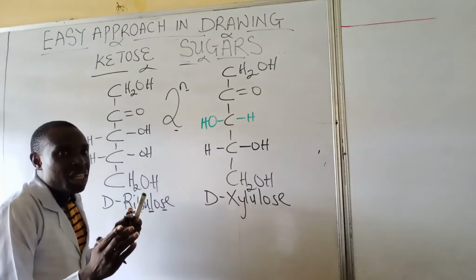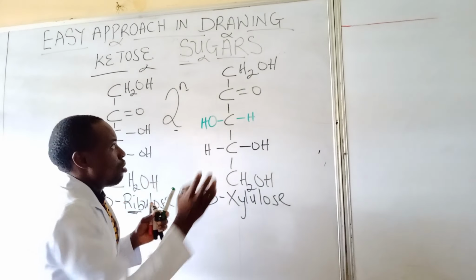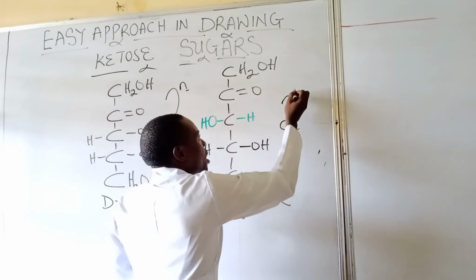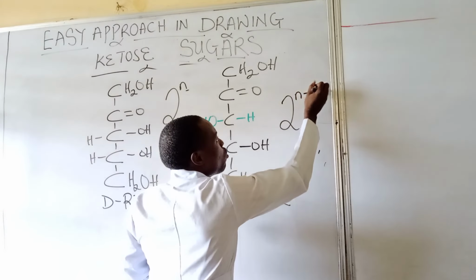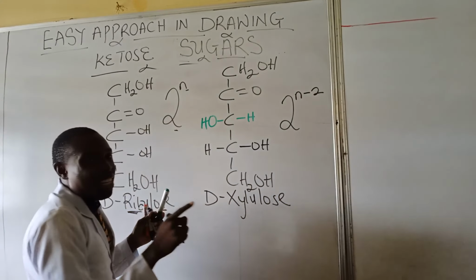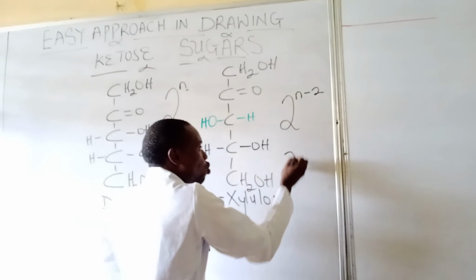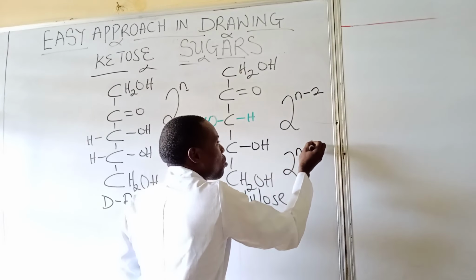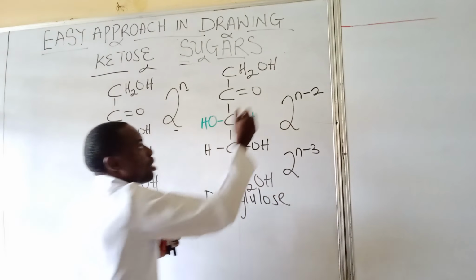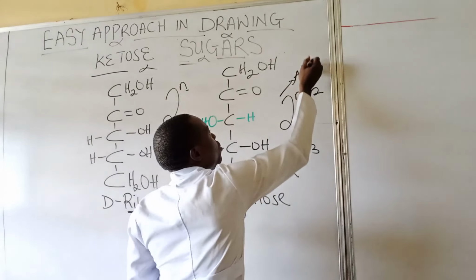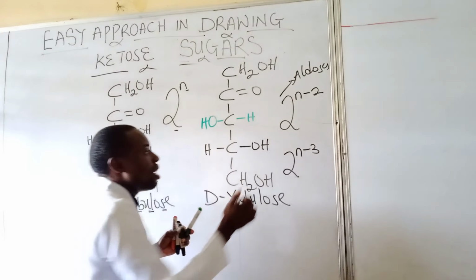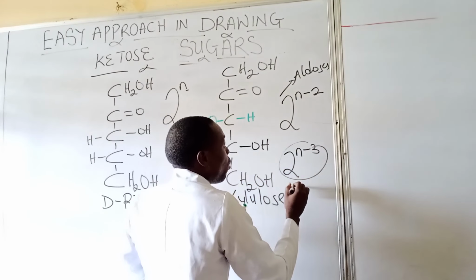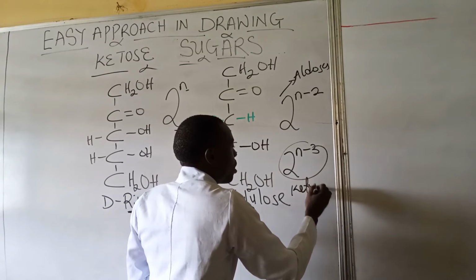But for the aldoses, you use 2 raised to the power n minus 2, while in the case of the ketoses, it is 2 raised to the power n minus 3. Just take note, this is for the aldoses, and this is for the ketoses.